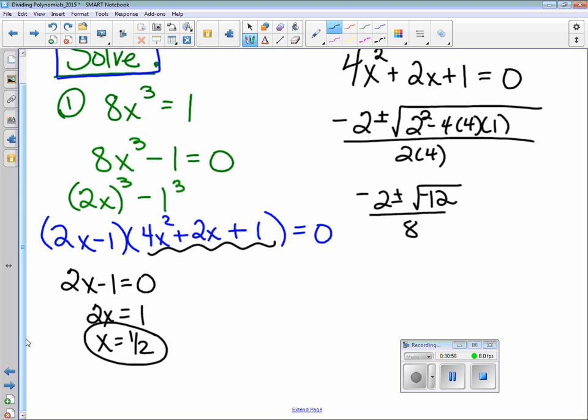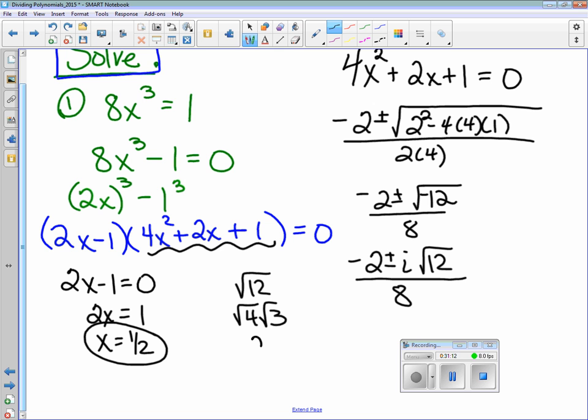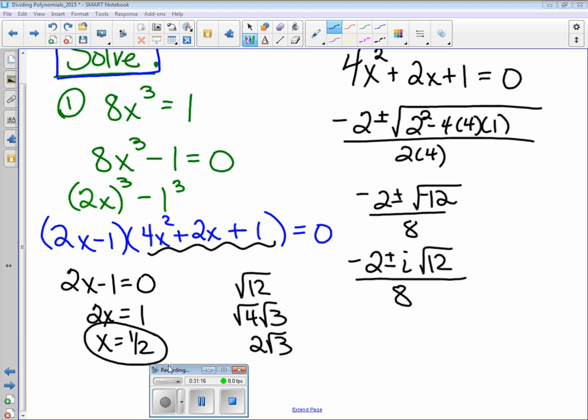Let's take that out now. And then the negative underneath the square root goes away. Can I reduce the square root of 12? Sure. The square root of 12 is just the square root of 4 times the square root of 3. The square root of 4 is just 2. So this reduces to negative 2 plus or minus 2i square root of 3 over 8.